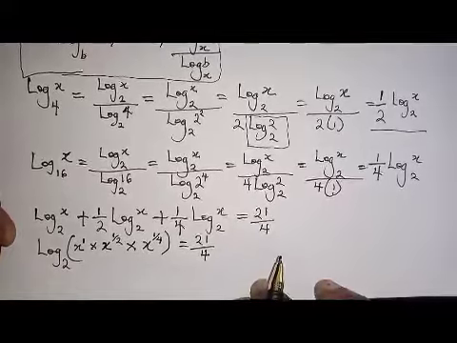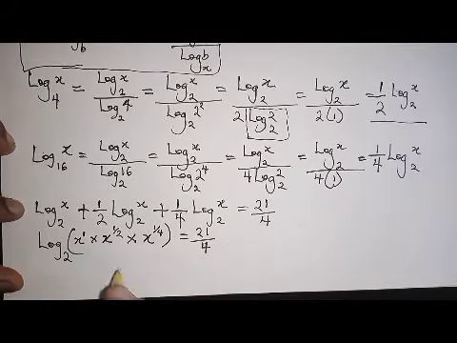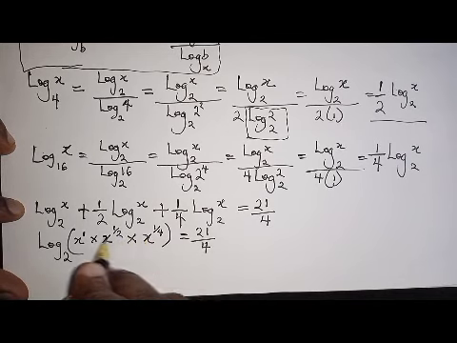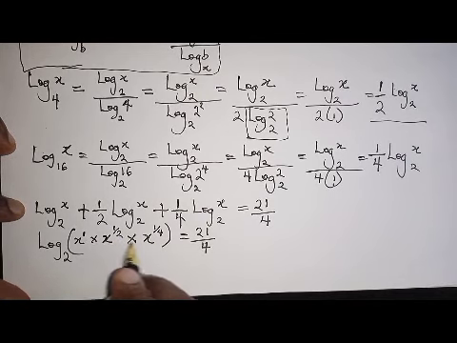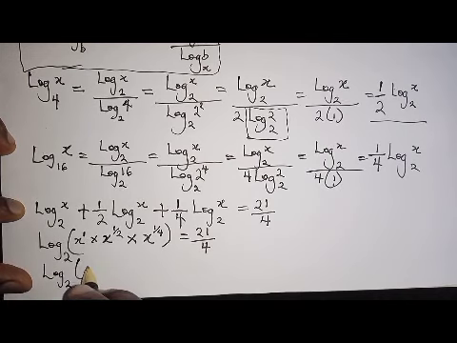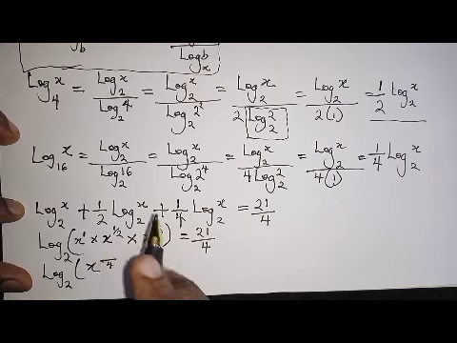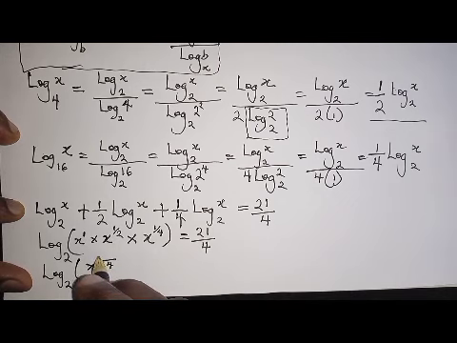So that is it. Then the next thing we do is try to simplify these indices. It's going to give me log to the base of 2 of X raised to power. Now let me take the LCM of these fractions because this whole thing is supposed to be added.